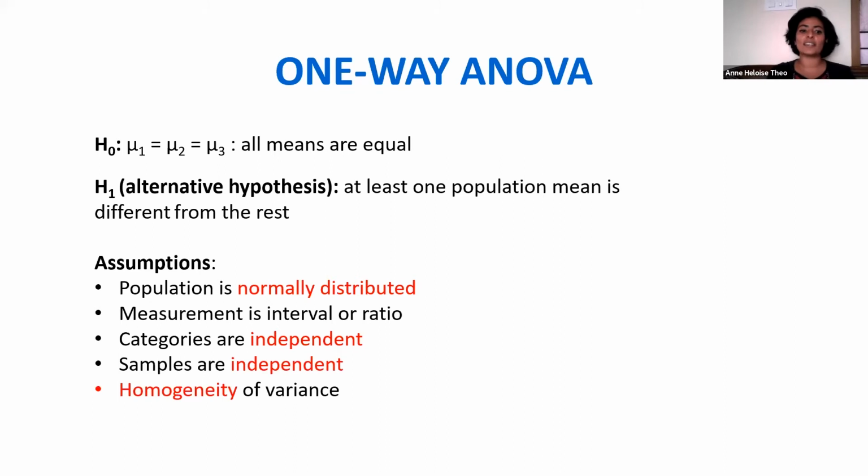And then of course there's the assumption of homogeneity of variance. This is that the variances of all of your populations are equal. Now, because we're analyzing variance, the variances aren't necessarily equal, but it's understood that it's fine if your sample sizes are equal, or at least not too drastically different from each other.